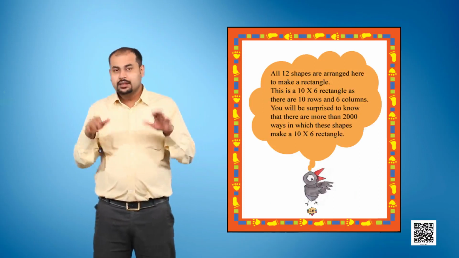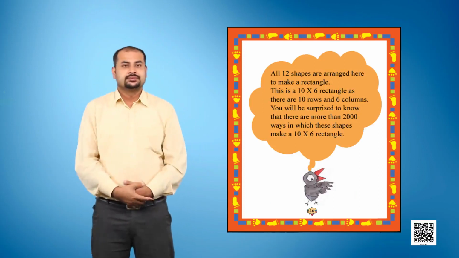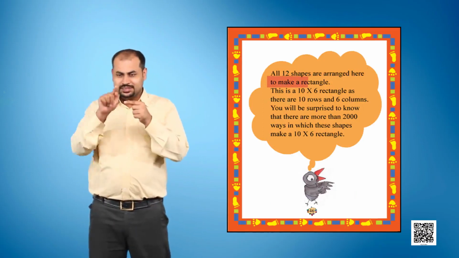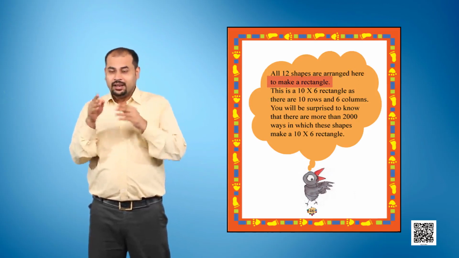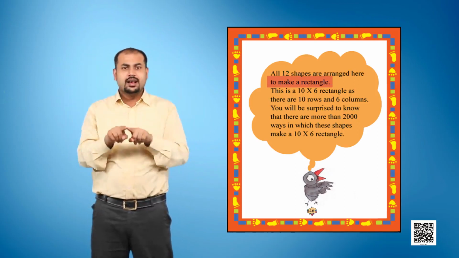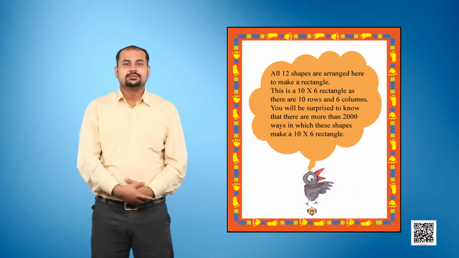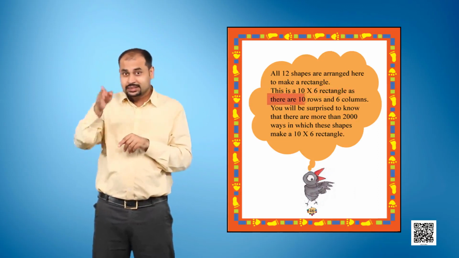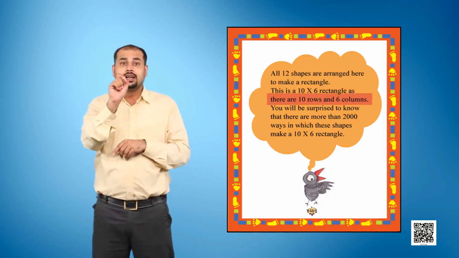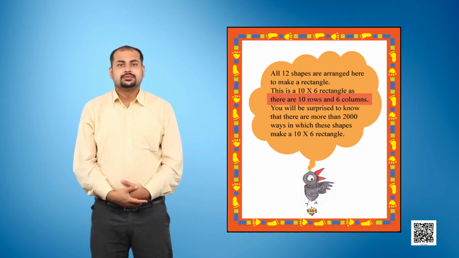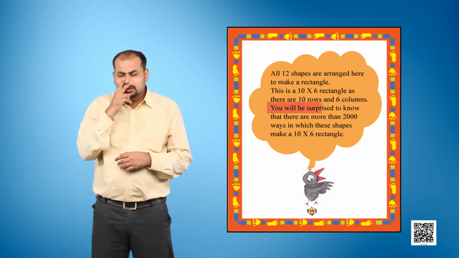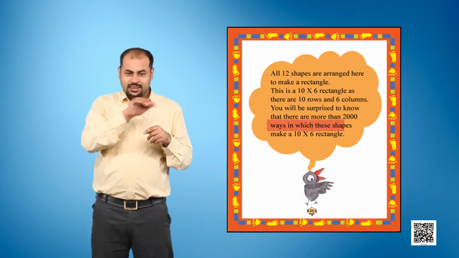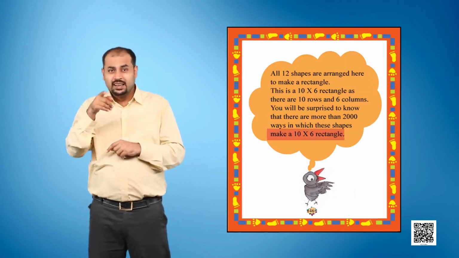Besides this picture, we see a bird standing and telling us, all 12 shapes are arranged here to make a rectangle. This is a 10 by 6 rectangle, as there are 10 rows and 6 columns. You will be surprised to know that there are more than 2,000 ways in which these shapes make a 10 by 6 rectangle.